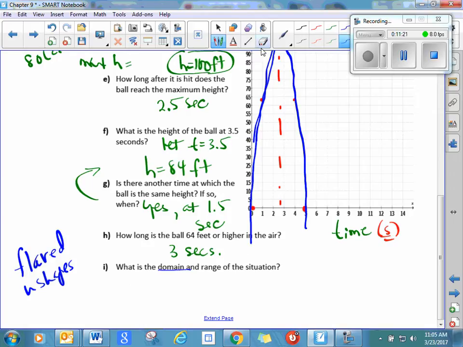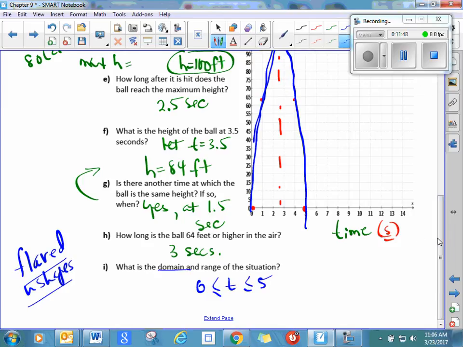That's not right, because that's normal for flared U-shapes, but this is a word problem. So we don't have any negative x values for this particular golf ball. It is not in the air for negative time. So our domain is actually going to be from 0 to 5 seconds.